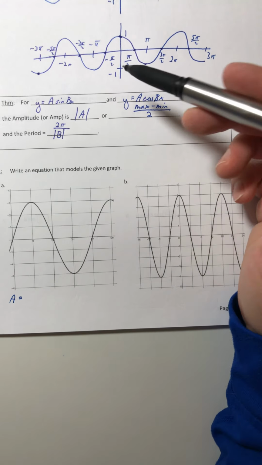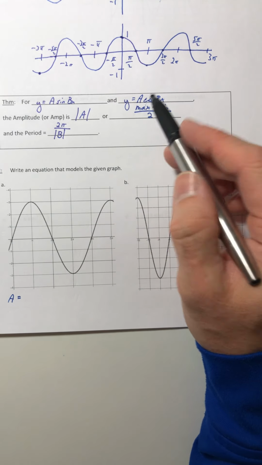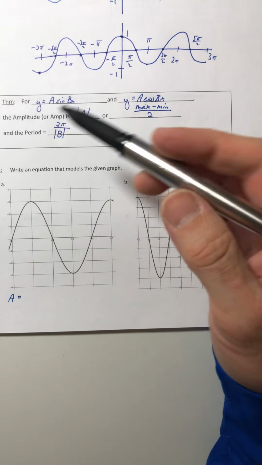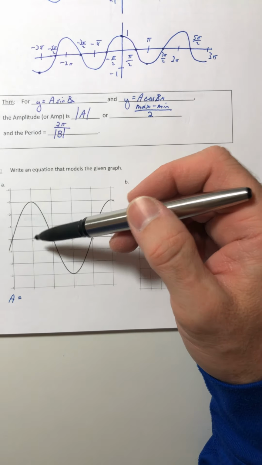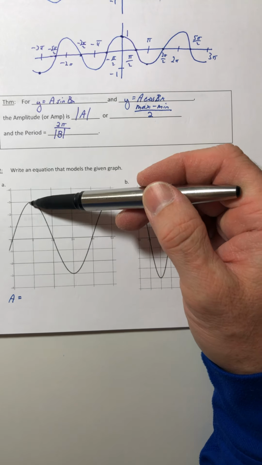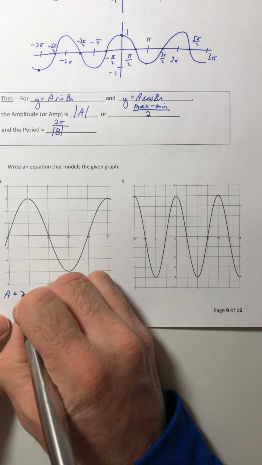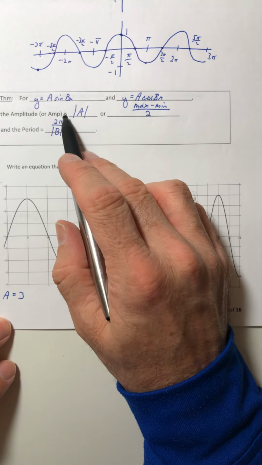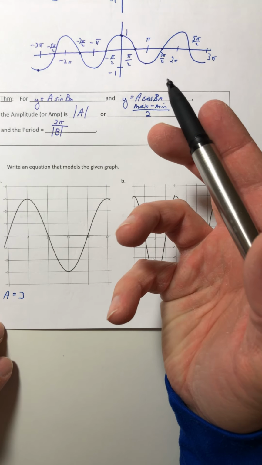So you can kind of cheat and bypass this if you want, especially for these basic ones, because it's not that hard to figure out the center. It's probably at 0. So like for here, the distance from 0 up to the top is 3. So that's your amplitude.